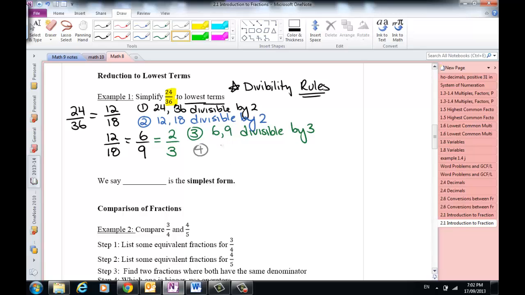Well, yes, in fact they are, because 2 and 3 are prime, and they're not the same number, and therefore 2 over 3 is in simplest form, or we say lowest terms.